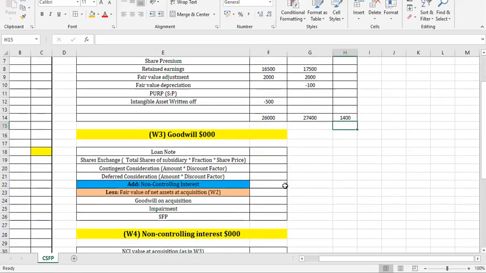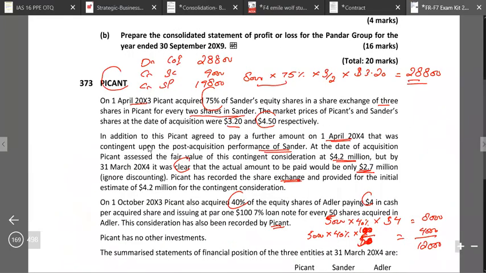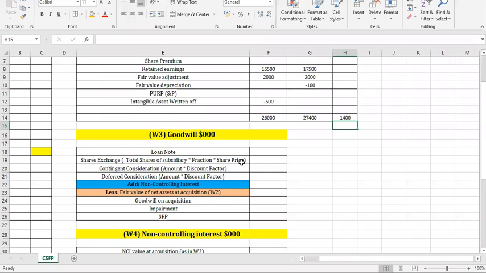Now the goodwill. Let's go back to the question. Yes. So on 1st April, Picant acquired 75%, and they were supposed to pay by share exchange. The value of the share exchange was 28,800. We have already calculated that.